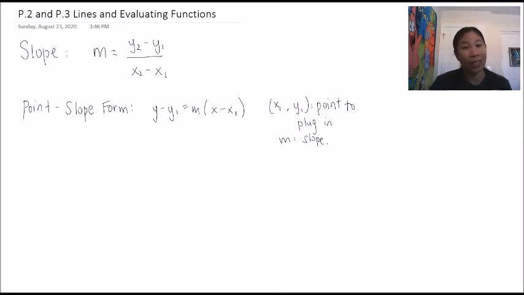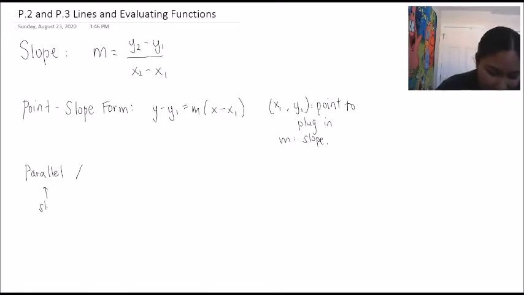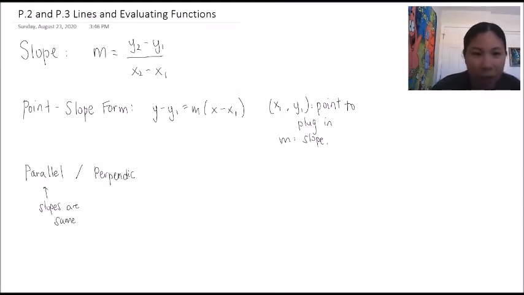Okay, one last thing to review is parallel and perpendicular slopes. Hopefully, if you're given a line and they're saying the slope is parallel to the equation of this line, then you should know that the slope should be the same. And if you're given something where it's perpendicular, hopefully you remember that the slopes are the opposite reciprocal, or negative reciprocal.